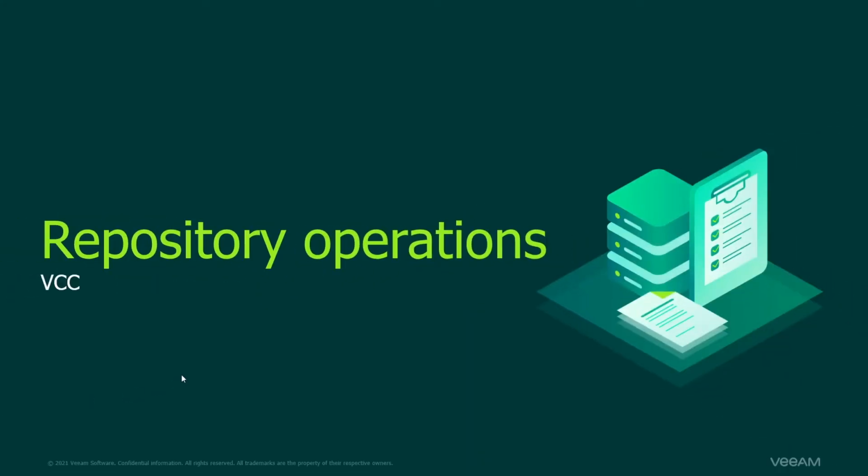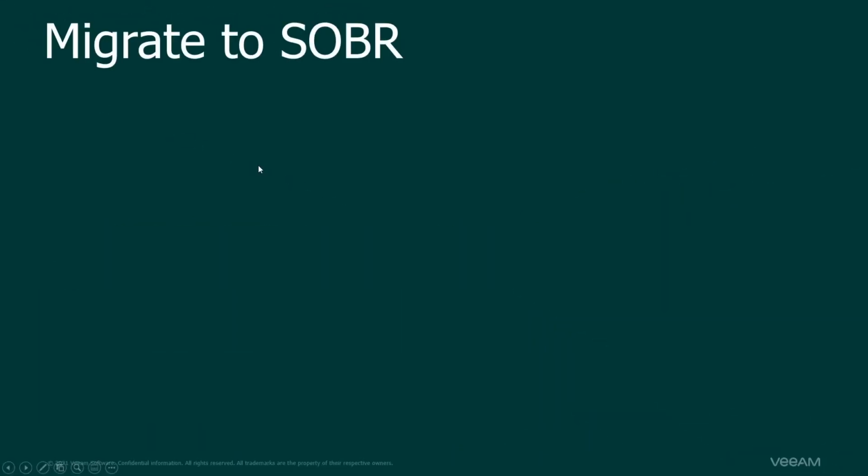So, some final information on some repository operations specific to Veeam Cloud Connect. The first thing to discuss is how to migrate to a scale-out backup repository when using Veeam Cloud Connect. To migrate to a scale-out backup repository with just a normal Veeam Backup and Replication server, it's pretty straightforward.